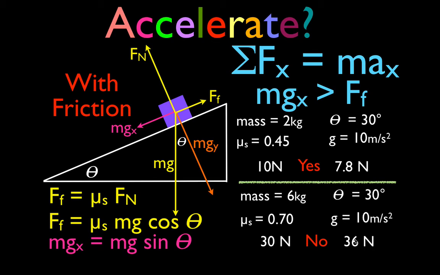But in order to get the object moving, we would have to have a force greater than 36 newtons. When we use the coefficient of static friction, we're calculating the maximum friction force possible, the friction force we have to break in order to get the object moving. And you can see in this case it's only 30 newtons. So if you use this equation and mg sine theta is less, then the object will not accelerate.